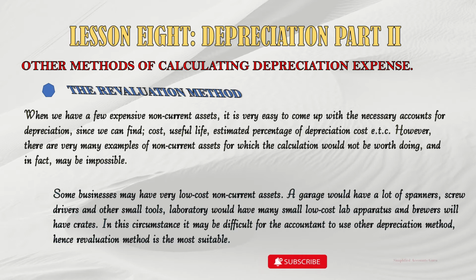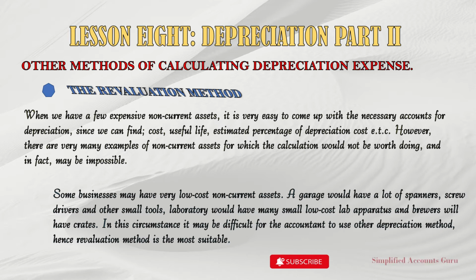In such circumstances, it may be difficult for the accountant to use other depreciation methods like the straight line method or even the reducing balance method of calculating depreciation. Hence, revaluation method becomes the best, because for revaluation method, you just look at the asset in question and then you compare that asset in terms of the value, or rather the amount that it can fetch for you if you would subject this particular asset to sale.